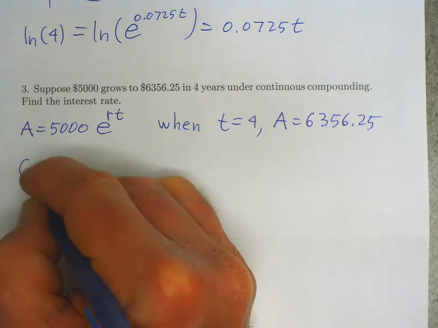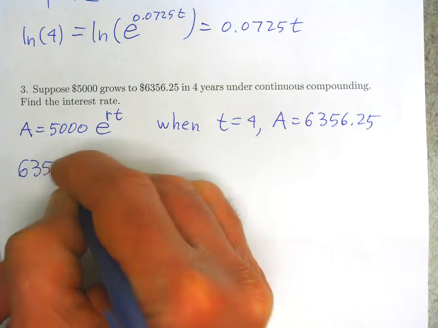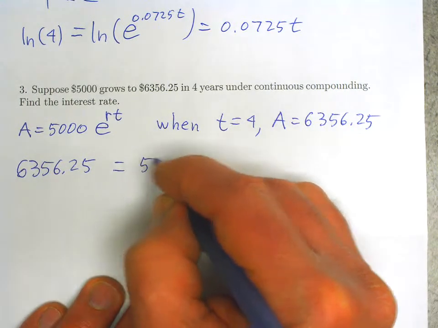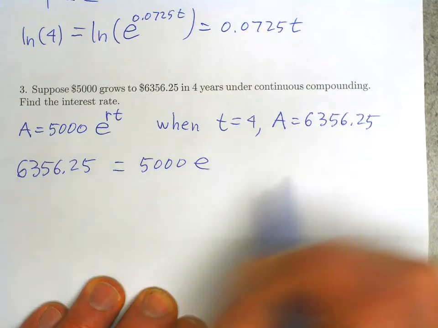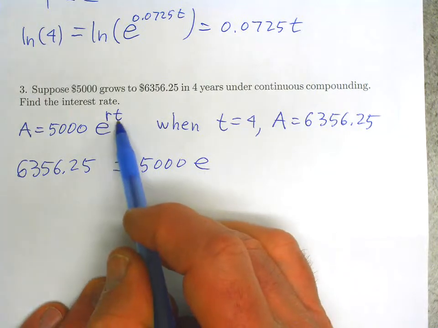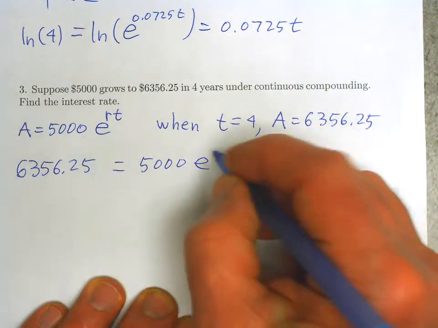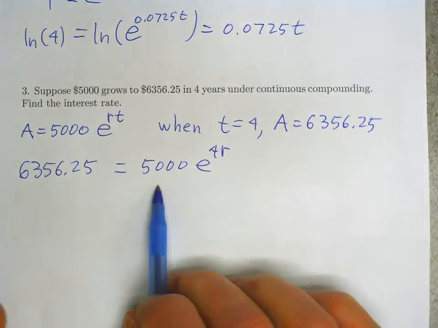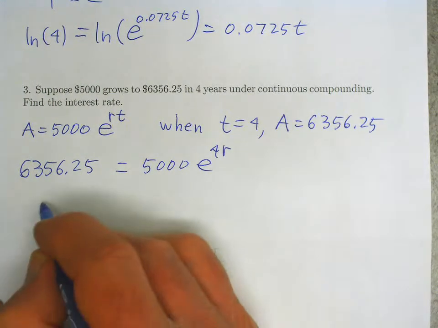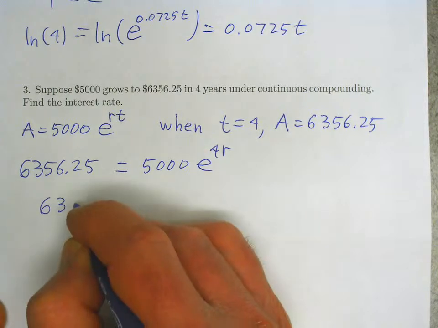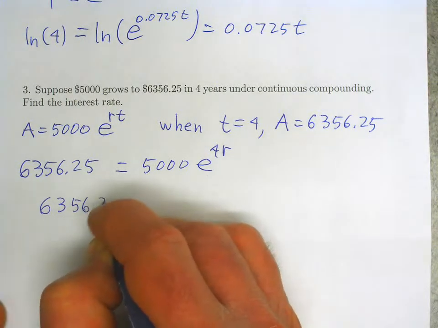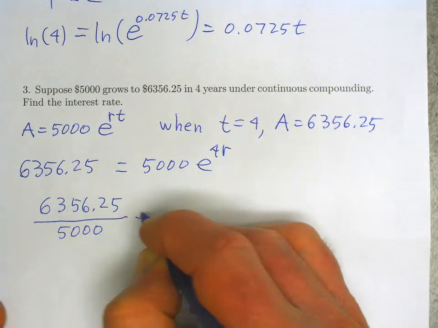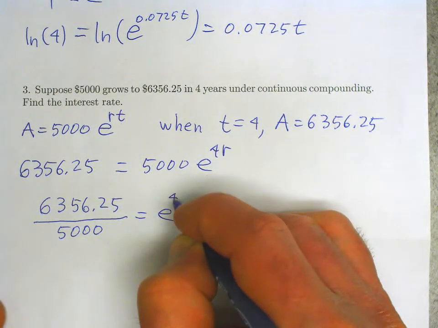Okay, so replace A with 6356.25, set that equal to 5,000 times e to the 4R, we are replacing T with 4, and now we solve for R. Divide both sides by 5,000. We get 6,356.25 divided by 5,000 equals e to the 4R.